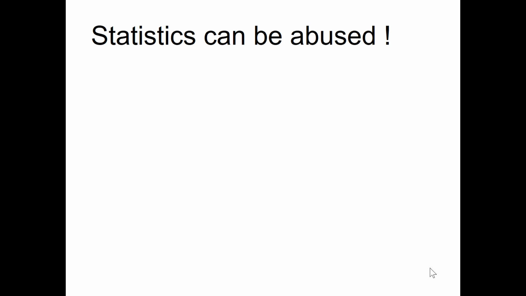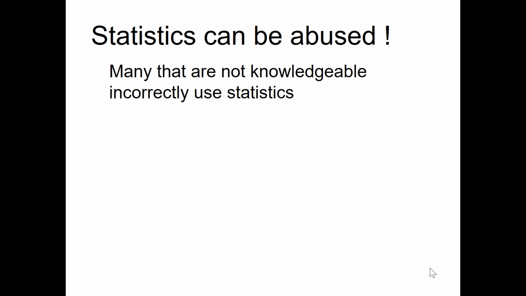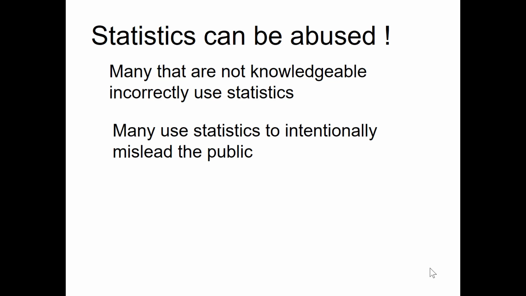So this is a case where statistics can be abused. Many that are not knowledgeable incorrectly use statistics. And a significant number of Fortune 500 companies are committed to the 6 sigma challenge. The 6 sigma approach to improving reliability of manufactured products is an honorable concept.